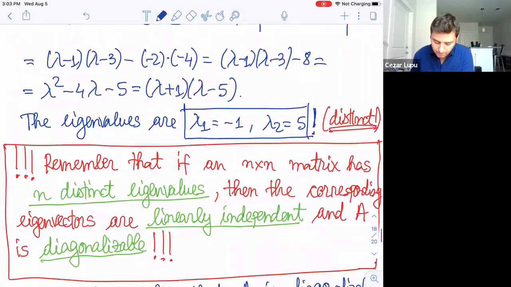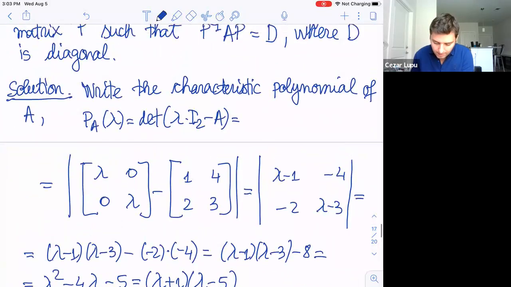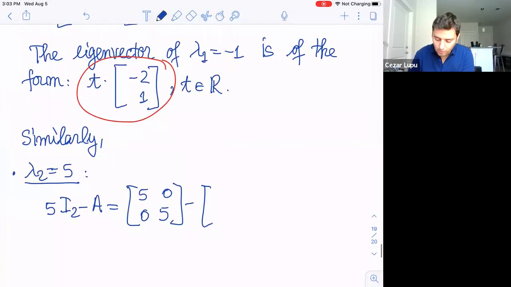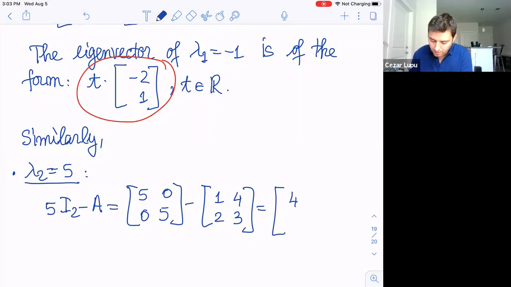I always forget. 1, 4, 2, 3. Okay. And this will be equal to 4, -4, -2, and 2.